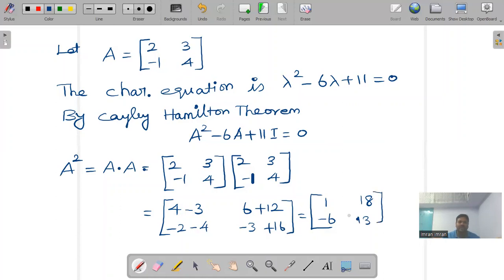This is A square. We have to substitute this A square in this equation. This is equation number 1 and this is equation number 2.